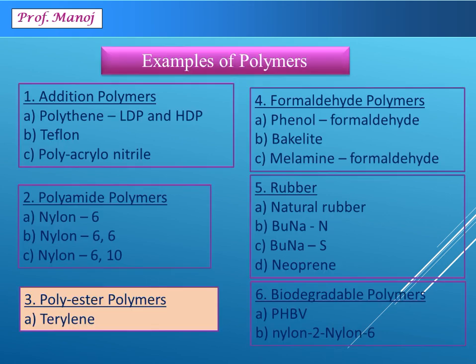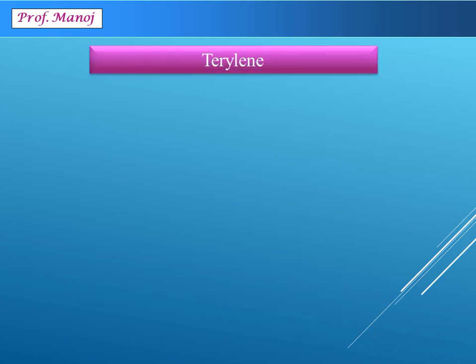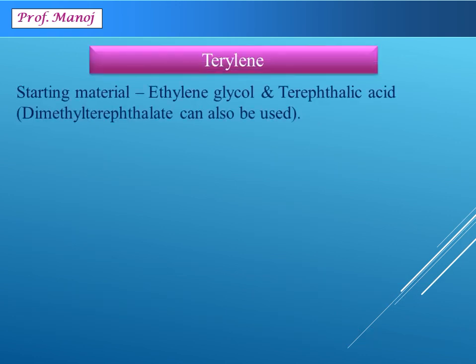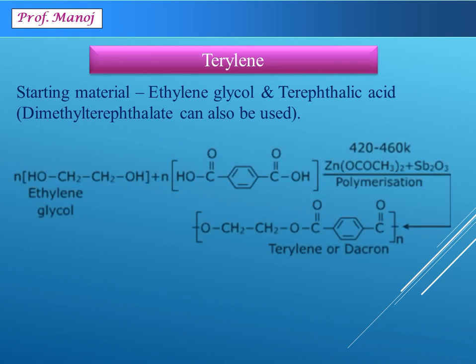After completion of these polyamide fibers, we go for polyester polymers. We are going to study only one example under that, that's called terylene. Terylene is obtained from two starting materials, ethylene glycol and terephthalic acid. In certain variations, instead of terephthalic acid, dimethyl terephthalate has also been used.